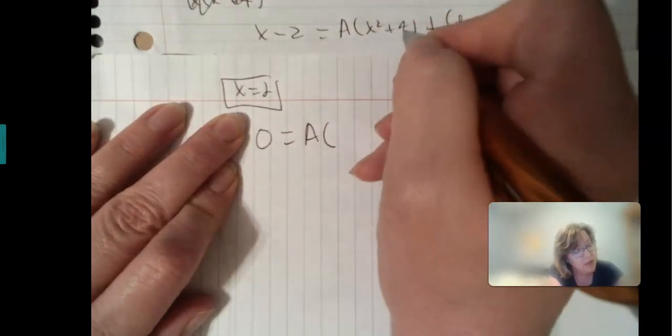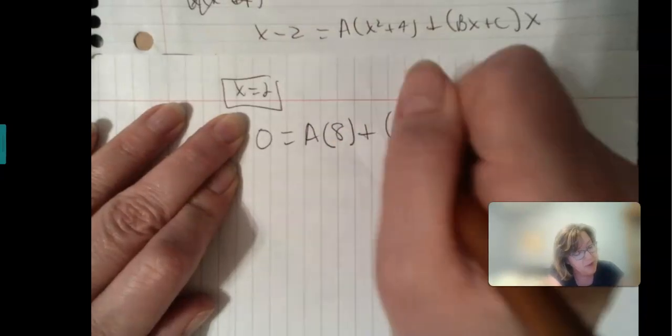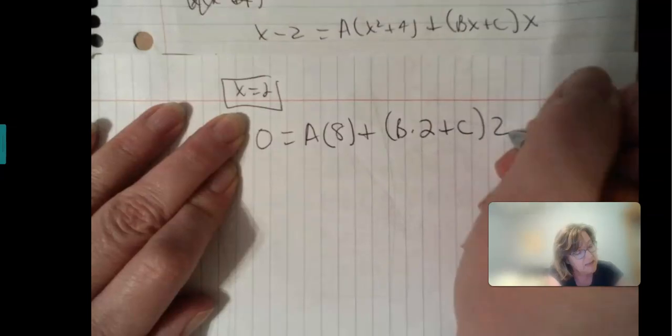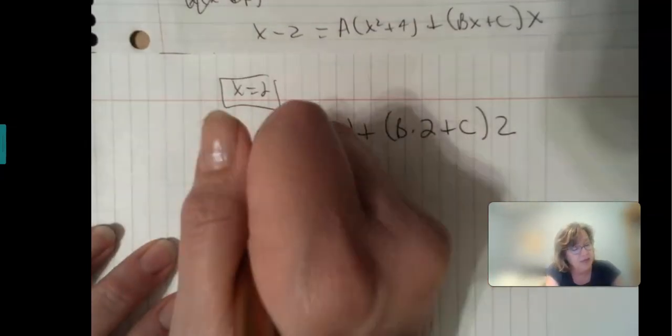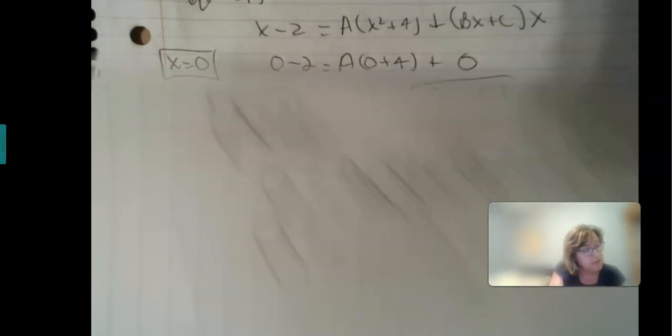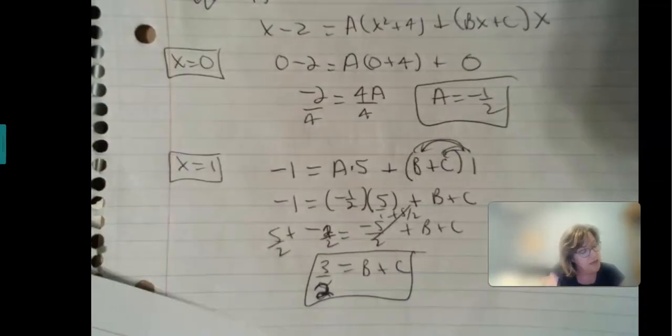This is 4 plus 4, that's going to be 8a, plus b, and x is 2, plus c, and x is 2. Okay, and so 0 equals, so we know that a is what? A was a negative half. And let's see what else.